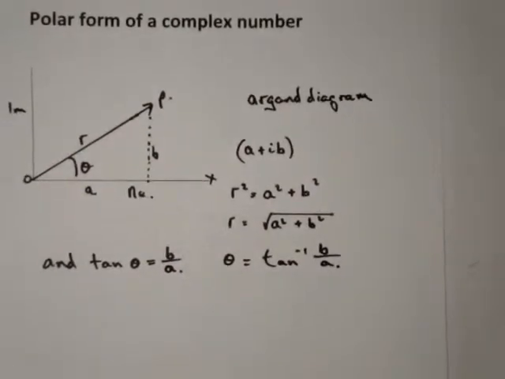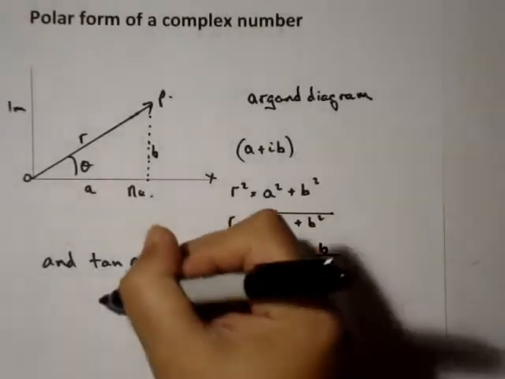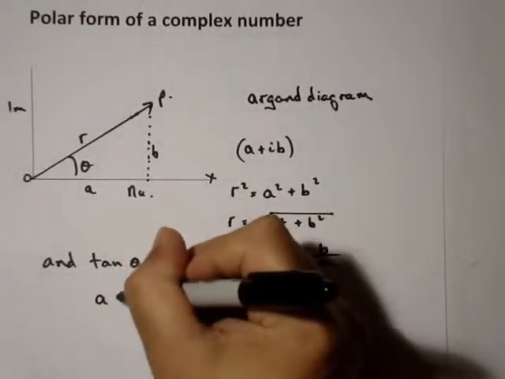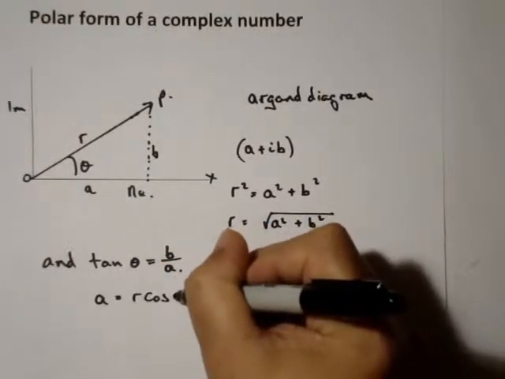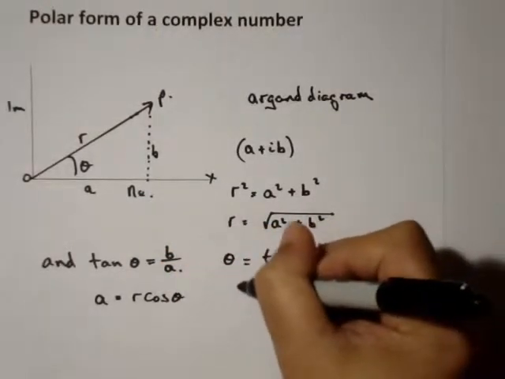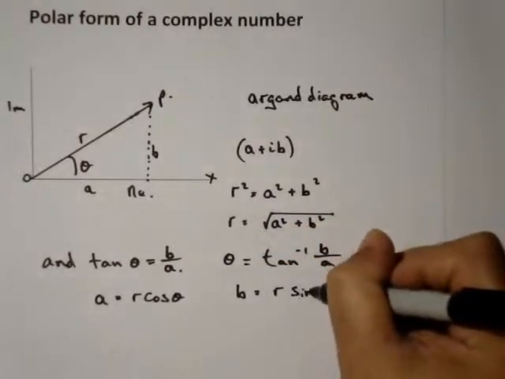Now also we have a equals r cos theta and b equals r sine theta.